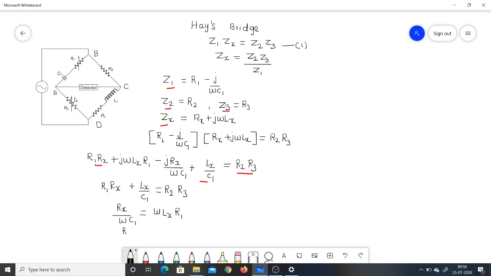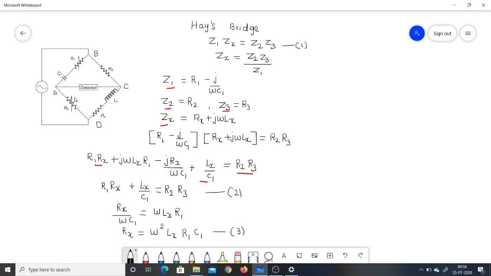Rx is going to be omega square Lx R1 C1. Okay. Now I'll mark this as equation number 2 and I'll label this as equation number 3.